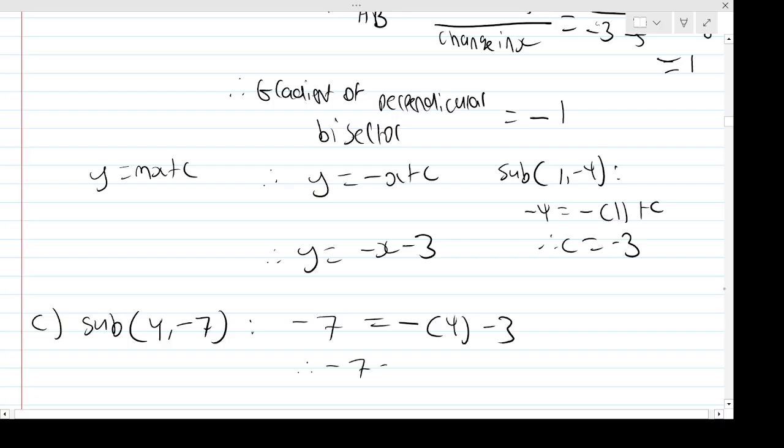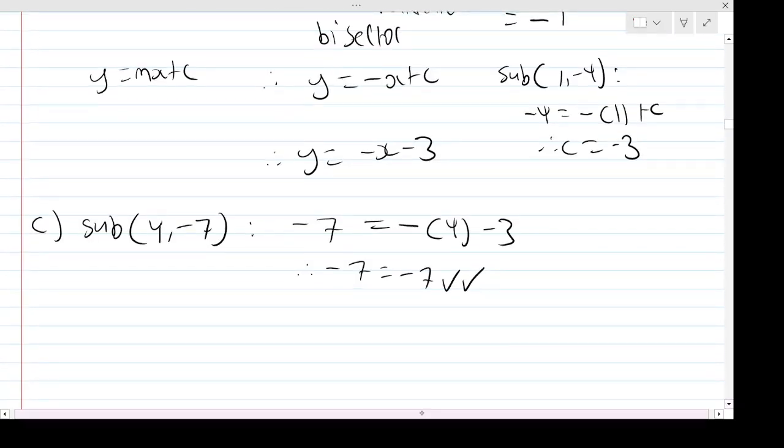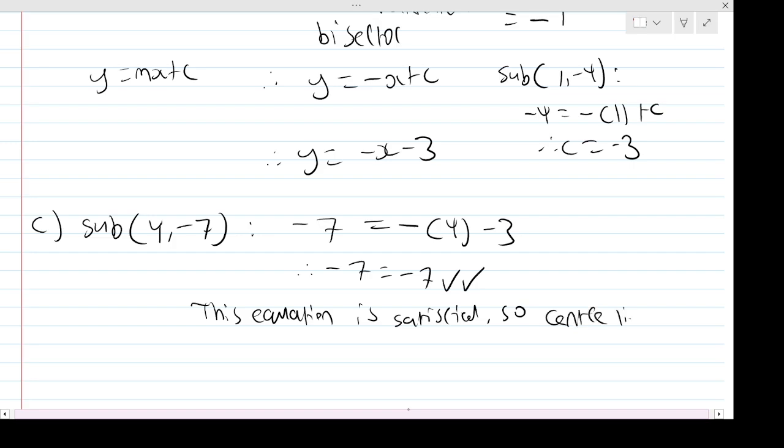Therefore minus 7 equals minus 7, and that's correct, clearly. This equation is satisfied. So the centre lies on the perpendicular bisector that we worked out in part B.